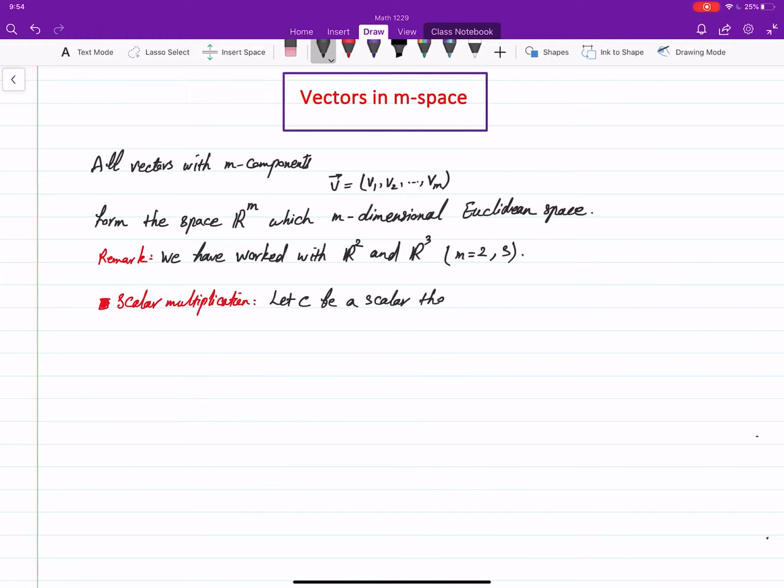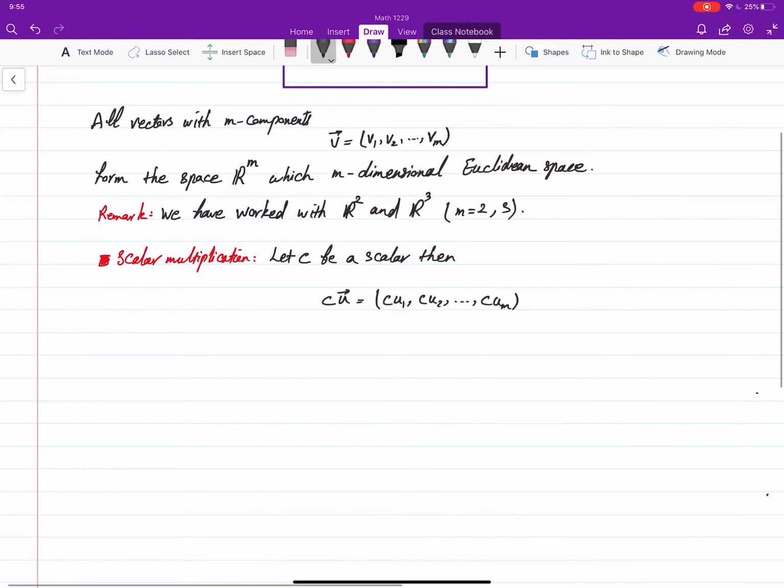Then C times U from M Euclidean space is C times the first component, C times the second component, and C times the mth component. Just multiply the scalar to all the given components.